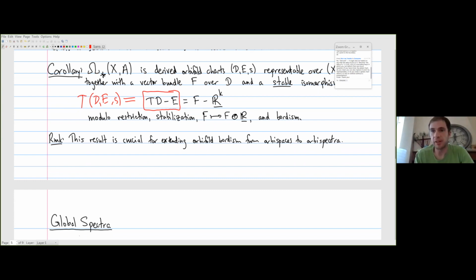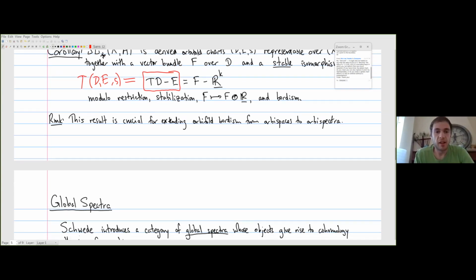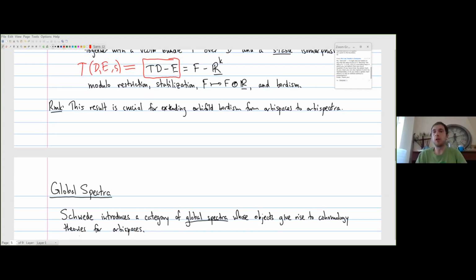So there's a field of global homotopy theory, which is essentially a way of doing algebraic topology with Orbispaces, although it's not necessarily phrased in that way.